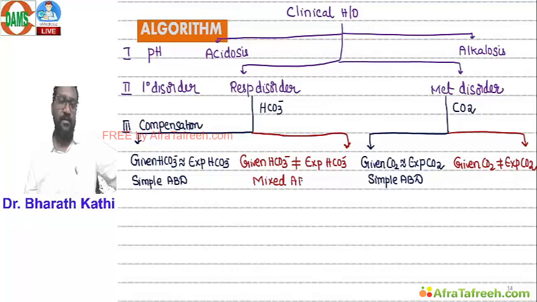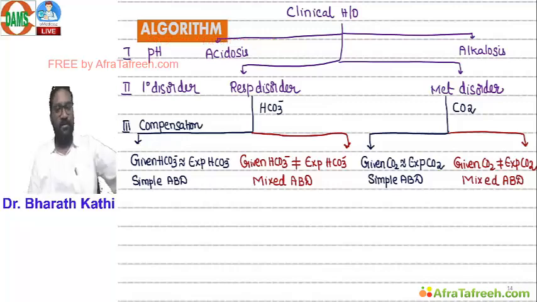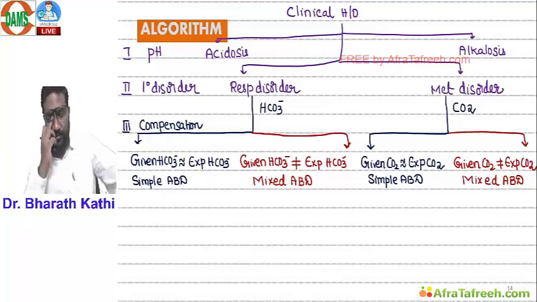So in very easy words, if it is correlating, it is simple. If it is not correlating, given and expected, it is mixed. Don't worry about mixed acid disorders as of now. When I discuss all the individual acid-base disorders, simple ones, then we will go into mixed.